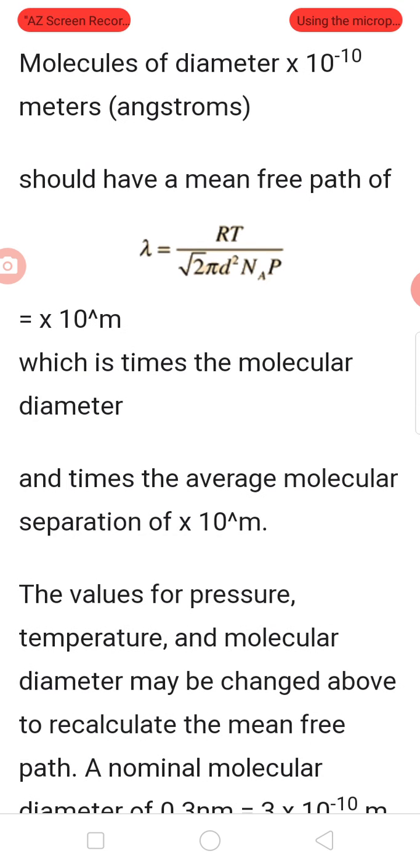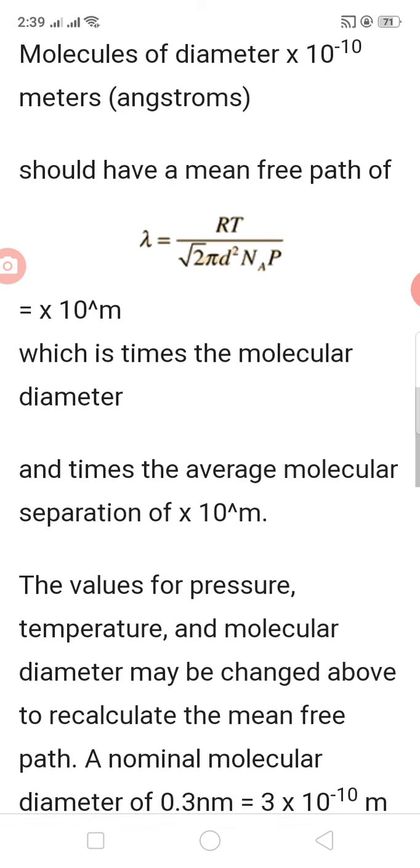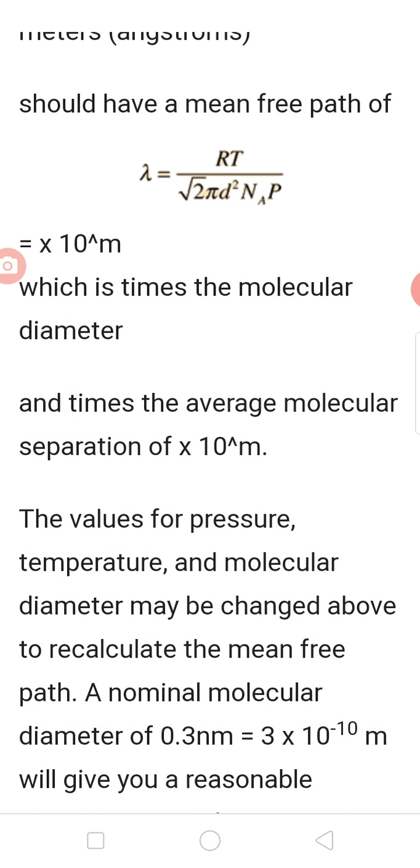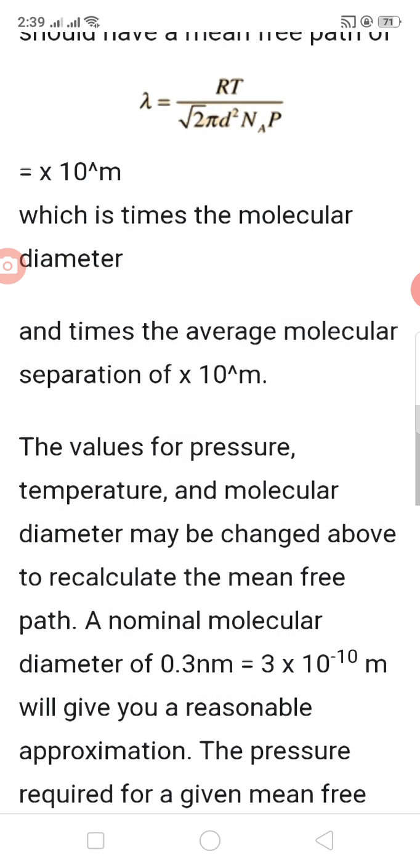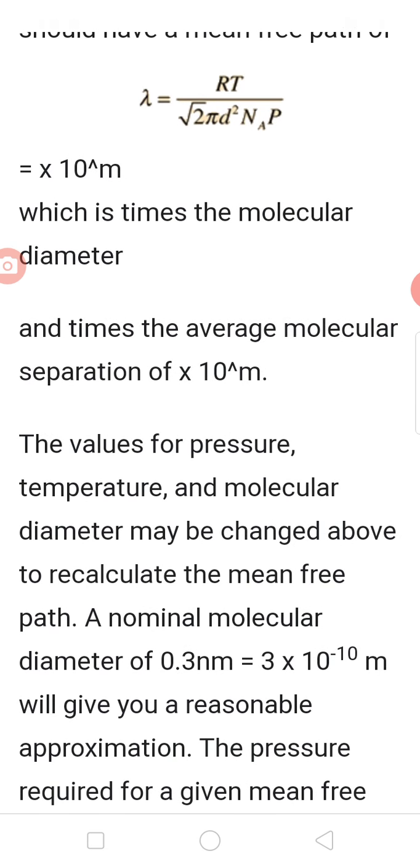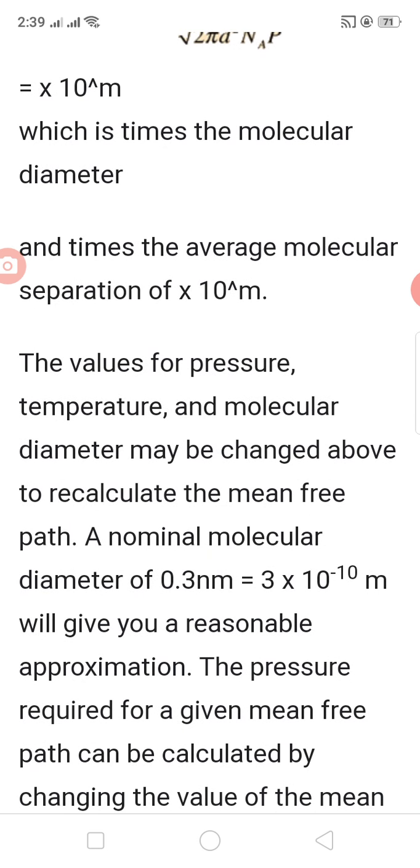The value of pressure, temperature and molecular diameter may be changed to recalculate the mean free path. Nominal molecular distance is 0.3 nanometer, 3 multiplied by 10 power minus 10 meter, which gives us a reasonable approximation.